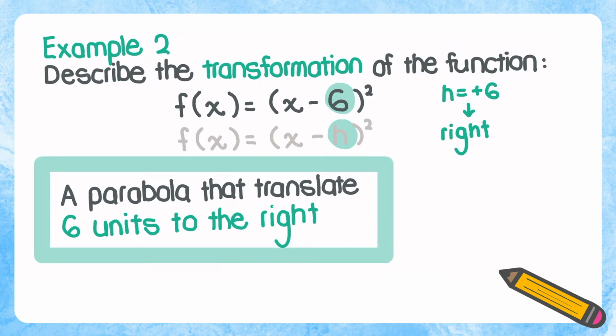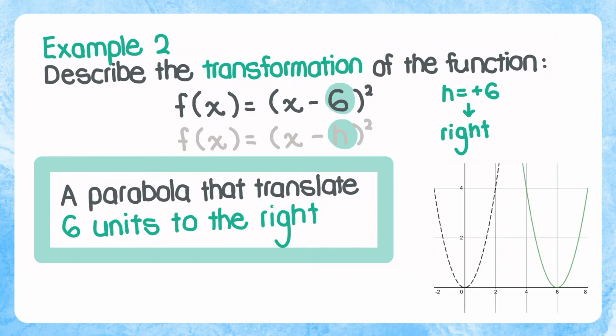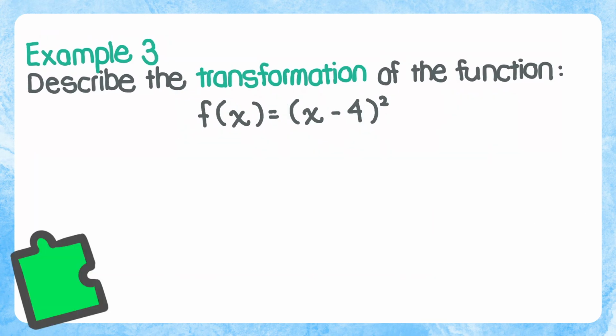So compared to the parent function, we shift our parabola 6 units to the right, like we see in this Desmos graph. For example 3, please choose the correct description out of your choices provided on Edpuzzle. You will describe the transformation of f of x equals x minus 4 quantity squared.